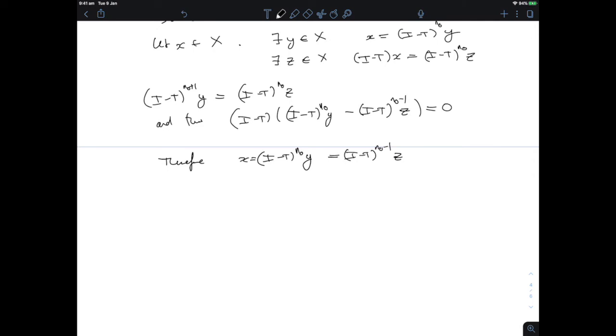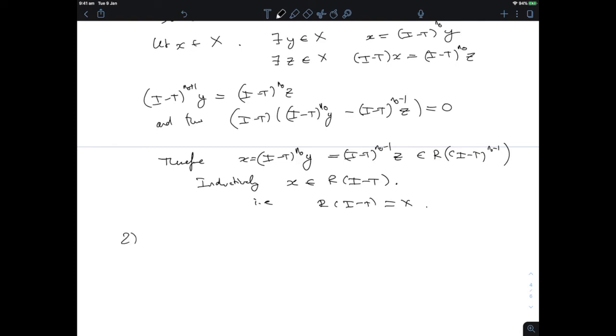So I knew that my x was in the range of (I minus T) to the n naught, and now I get that my x is in the range of (I minus T) to the n naught minus 1. And I can repeat this reasoning and inductively get that x is in the range of I minus T, and my x was an arbitrary element in X, so we've proven that the range of I minus T is the entire space. Now that proves 1.